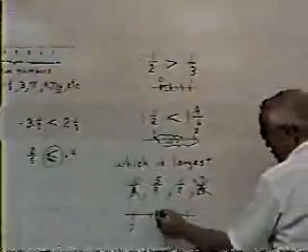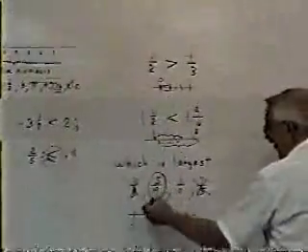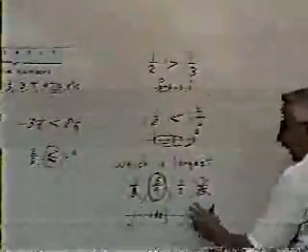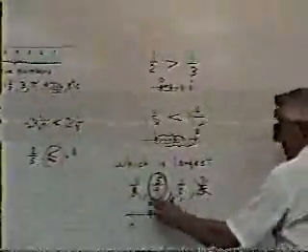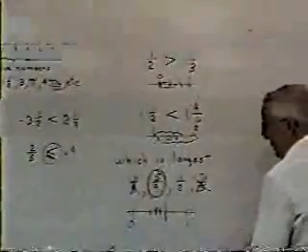So 4 1/2 would be right here, so 5/9 would be over here somewhere. So therefore, 5/9 is the largest. Now, there's another way of doing this, and I would like to show it to you, but this reasoning process is sufficient to get the job done when you take an exam.